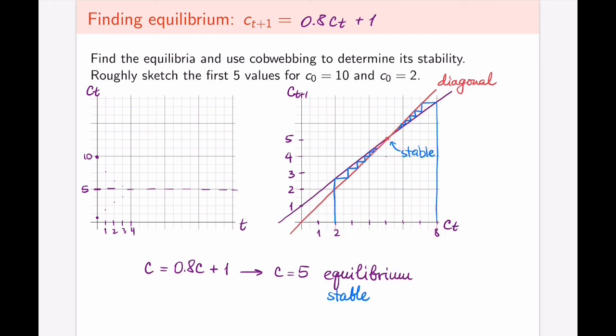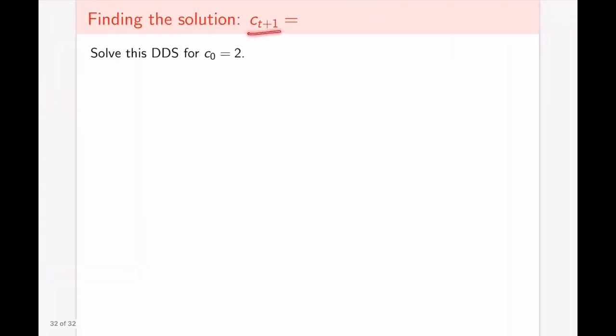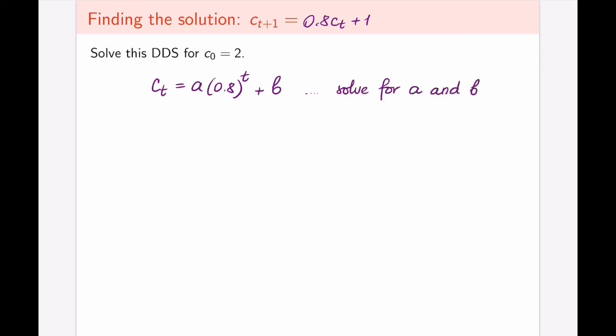Now, the only other thing that we can do, given a particular discrete dynamical system, is find the exact solution to it. This is a linear discrete dynamical system, which means that in order to find the solution for it, I will need to assume that the solution is of the form A times 0.8 to the power t plus B, for some constant A and B, and then solve for values of A and B using the initial condition as well as some other value of C sub t that you choose to calculate.